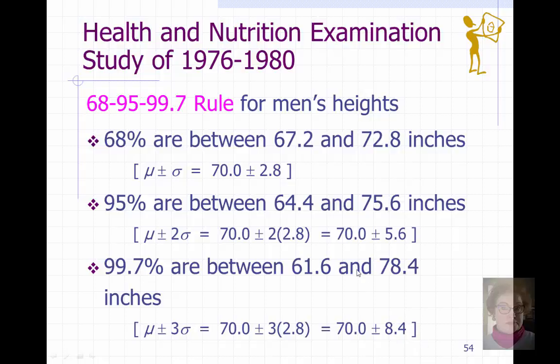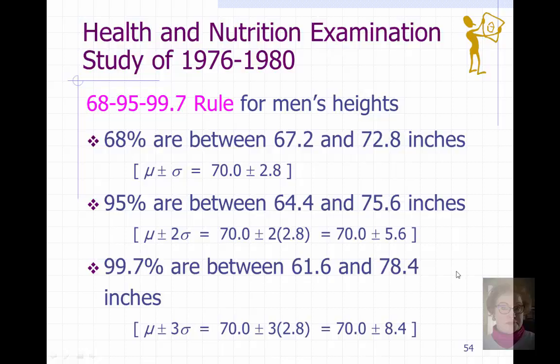And so we know that almost all young men between 18 and 24 are going to be between 5'1.5" and 6'6.5". Now you may know people who are young men who are shorter than 5'1" and taller than 6'6", but they're going to be in this 0.3%.